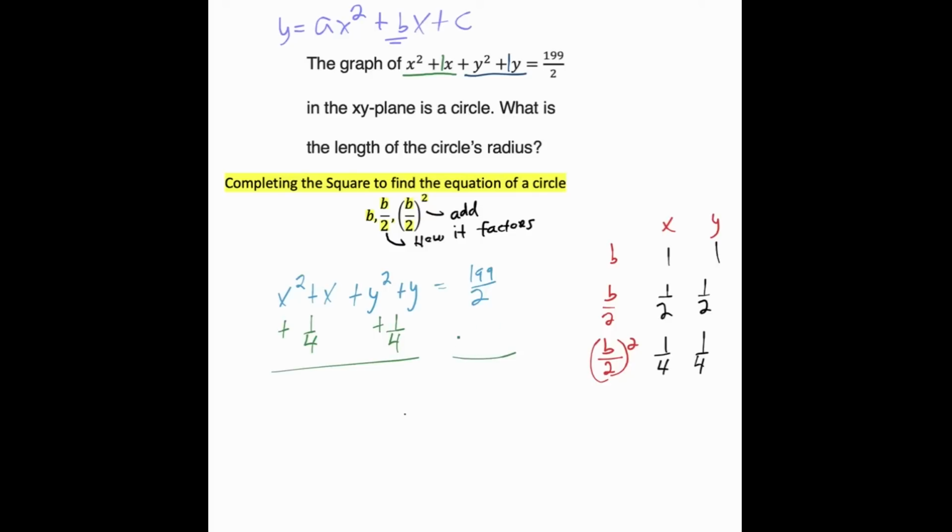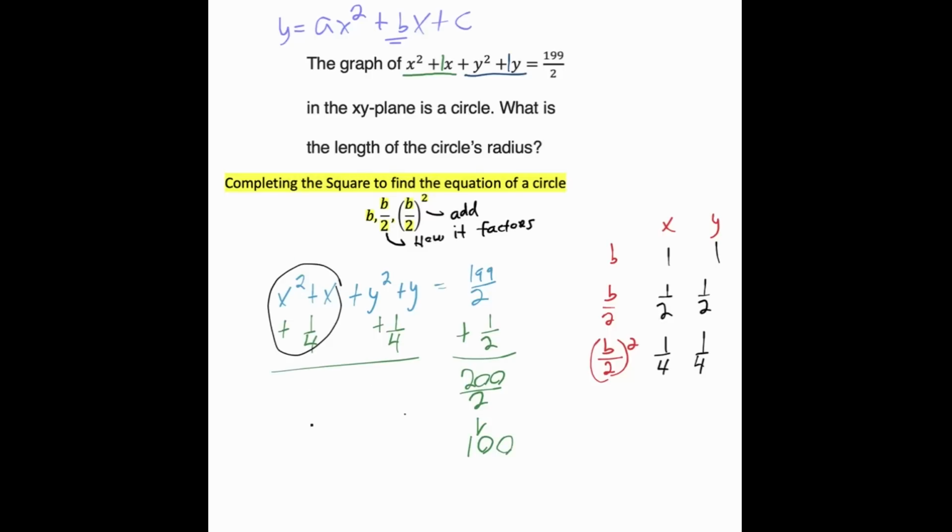So to balance it out, we're going to add the same thing to the right, but we're going to write it as 1/2. Why is that? Because to add, you need common denominators. And so I don't want to add 199 over 2 plus 2 over 4. I'd rather add 199 over 2 plus 1 over 2. And that'll give you 200 over 2, which is the same thing as 100.